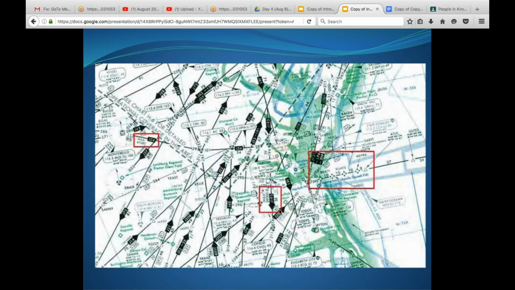As you can see here, we've got our high chart. You can see that jet routes are designated with that J. You can see a whole bunch of different jet routes, like Davis is pointing to jet route 14 there.